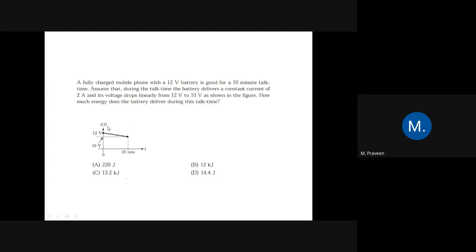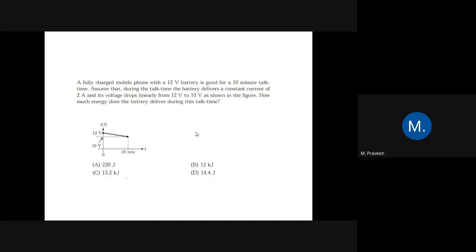We have to find the energy during the talk time. So 4 options are given. Option A 220 joules, option B 12 kilojoules, option C 13.2 kilojoules, option D 14.4 joules.